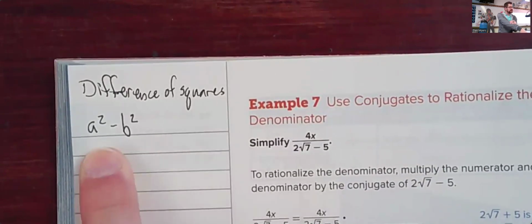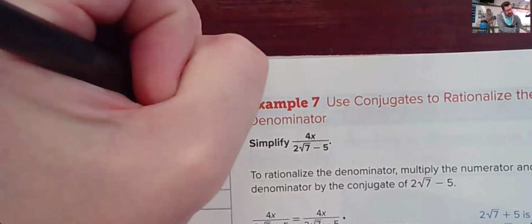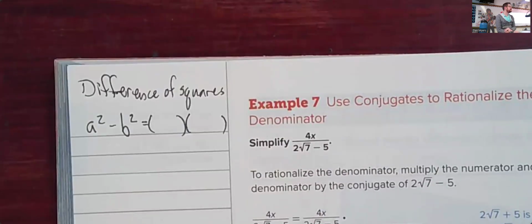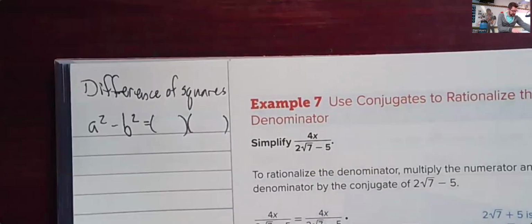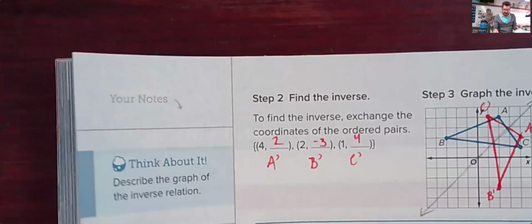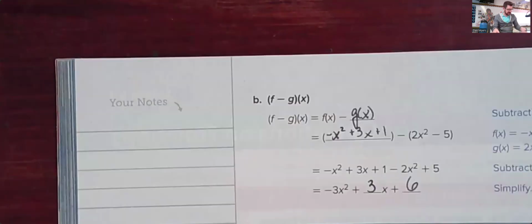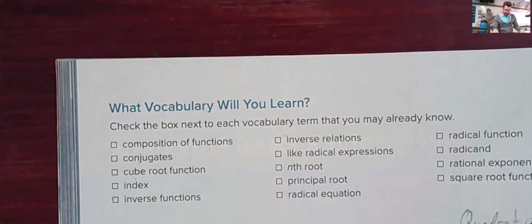Does anybody remember what a squared minus b squared factors to? We get two sets of parentheses. Anybody remember what that factors to? I'm gonna go back to the beginning of module 6 here, because I feel like maybe we wrote it down earlier in this unit. I don't exactly remember.